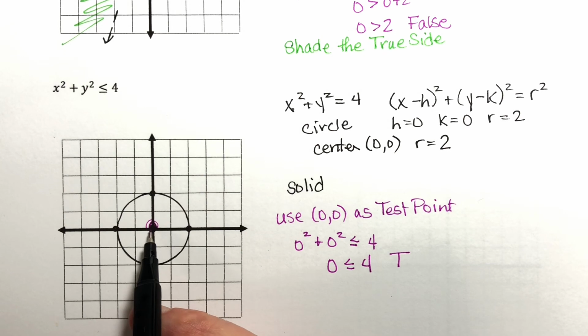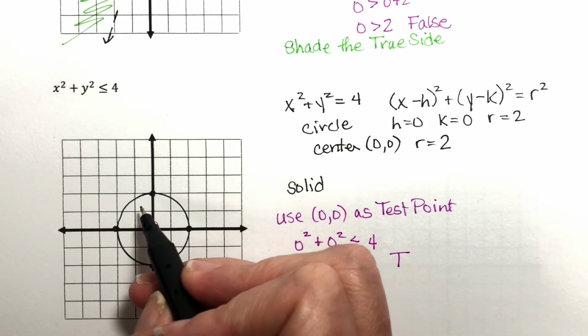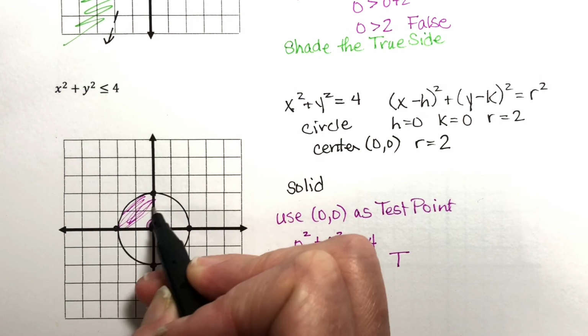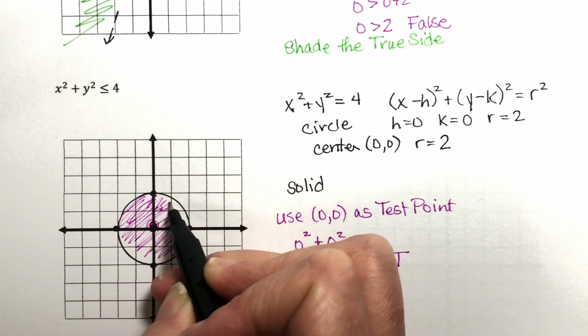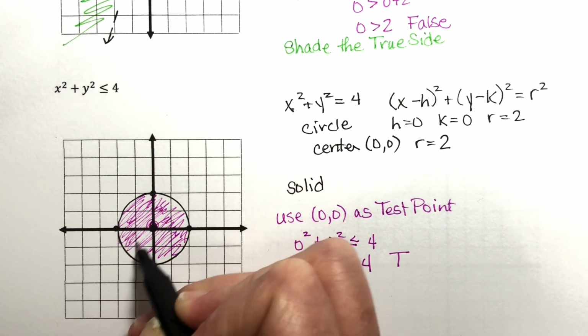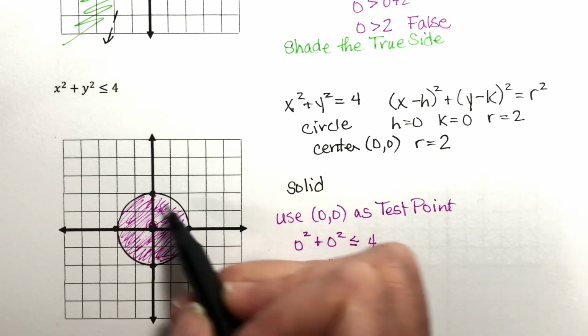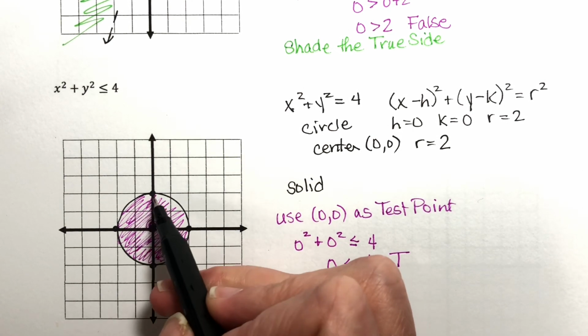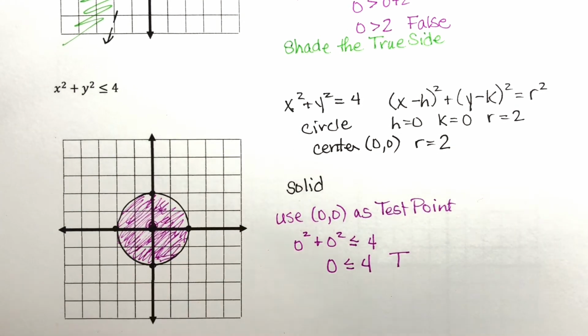Since the test point was inside the circle and we got something that is true, we need to shade the inside of this circle. So everything inside this circle and including the boundary is a solution to this inequality.